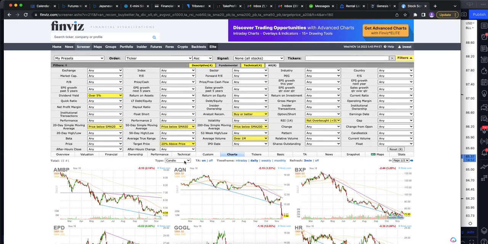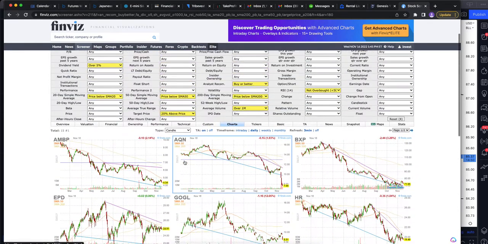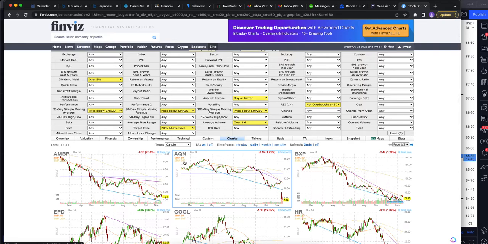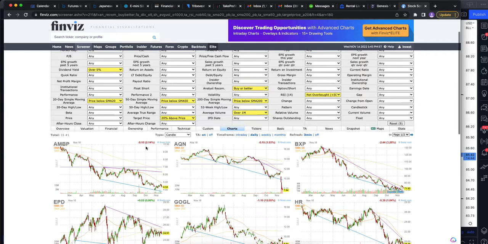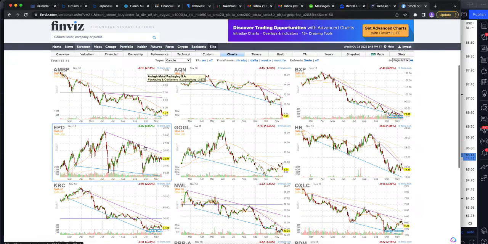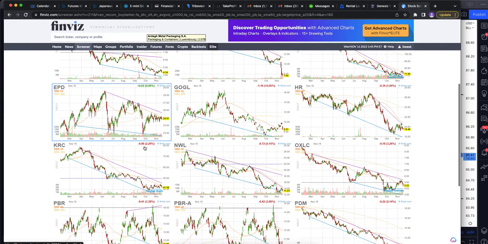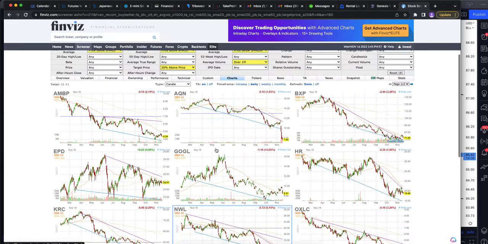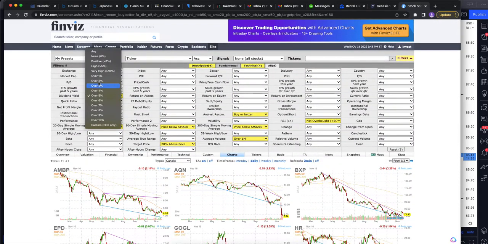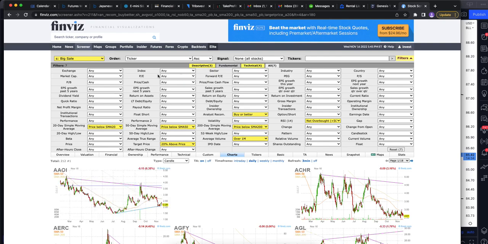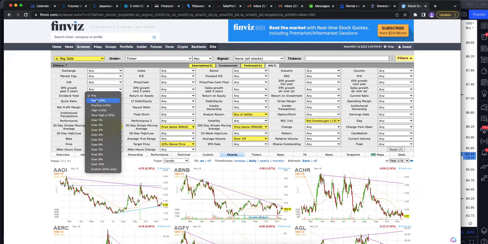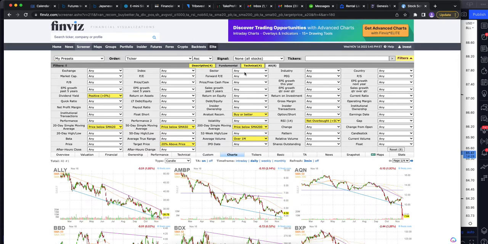So you have two pages, and obviously these are not ETFs, these are individual stocks. But if you filter it using sectors, you can do that.